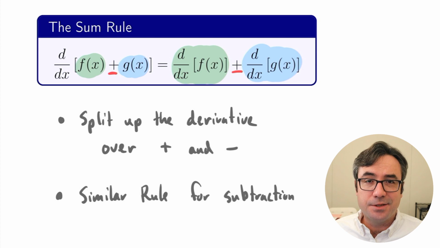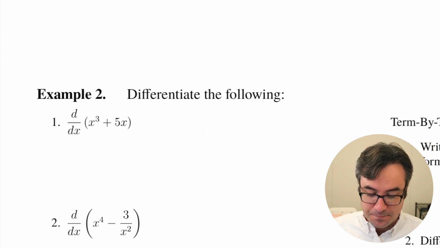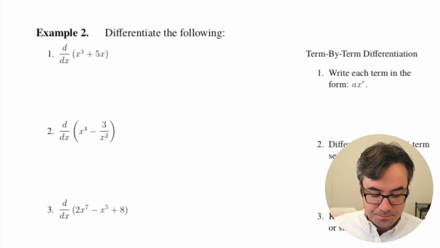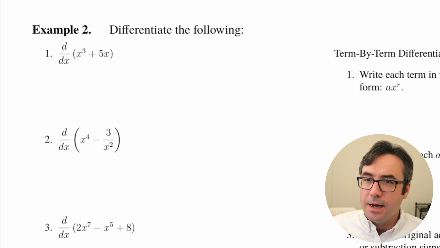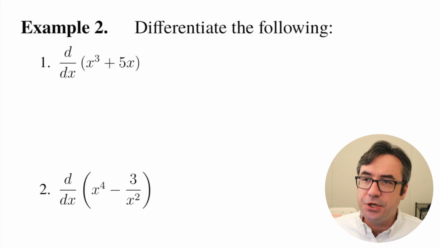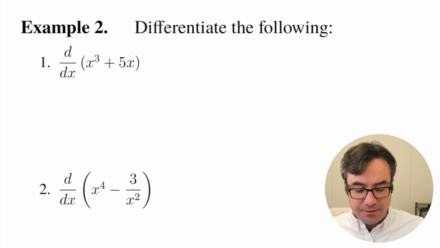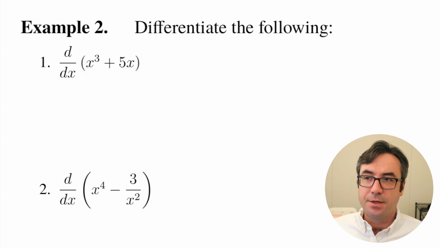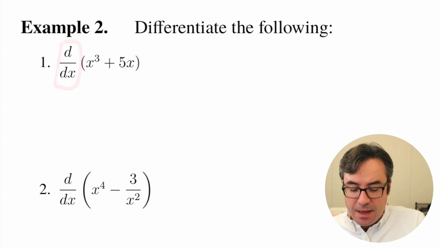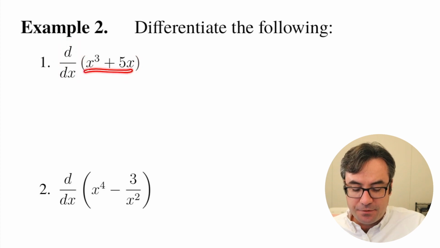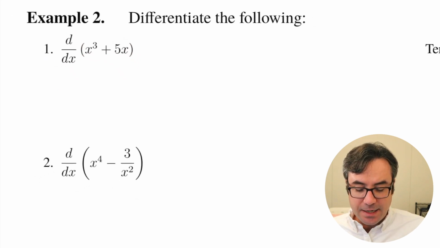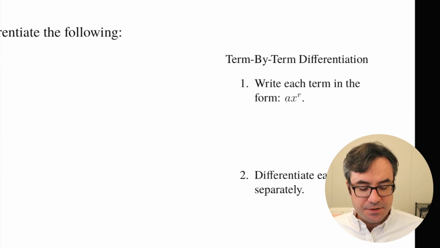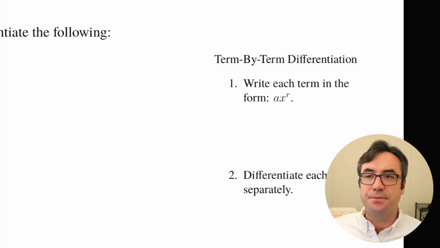So let's see this one in action. As an example, we have x cubed plus 5x, and we want to differentiate this whole thing. So that's what this means: differentiate everything inside the parentheses. A lot of times when we apply the sum rule, we call this term-by-term differentiation.